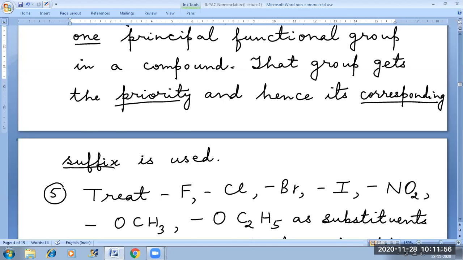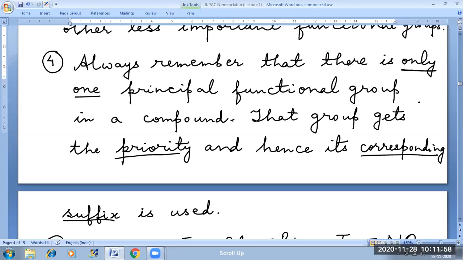Whichever is the main group should get the suffix accordingly. We have to use suffix only and only for that group which is my main group inside the compound. I'm not supposed to use suffixes for other groups. I'm supposed to use only one suffix, for that group which is my principal functional group.